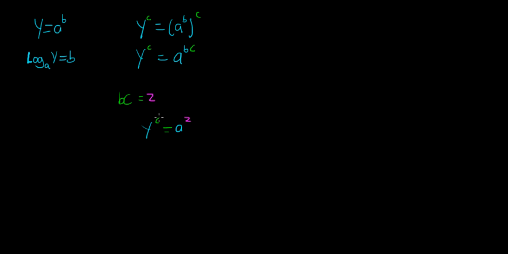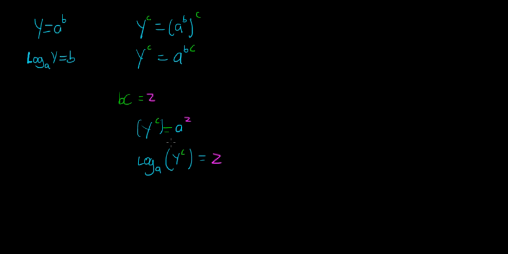And I'm going to see if I can express this as a logarithm to my base a. And I most definitely can do that. Let's see how. The log to my base a of y raised to the power c is z.